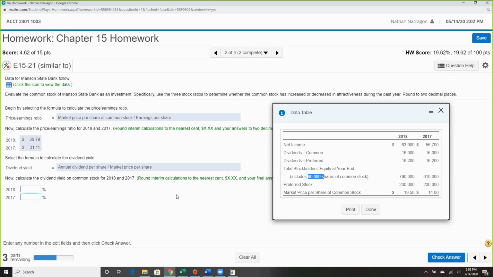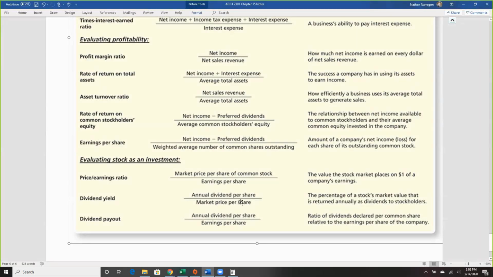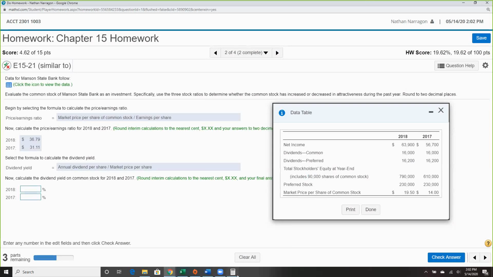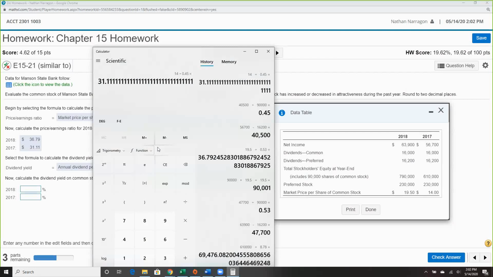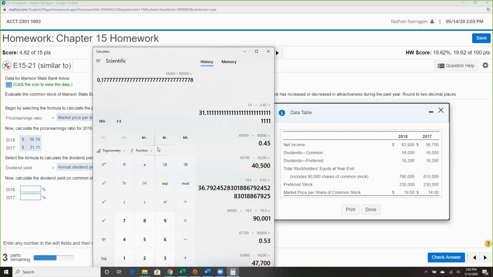Okay, so for 2018, first thing we have to do is find how much dividends each share gets. So, on our calculator, we would take the 16,000 and divide it by 90,000. So each share gets about 18 cents. You have a whopping total of 18 cents.